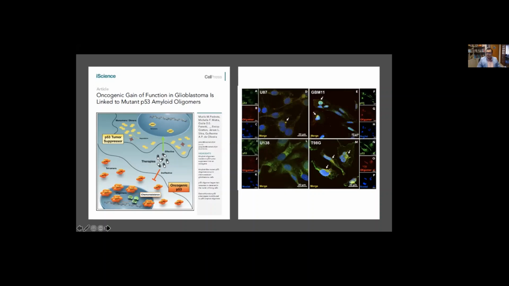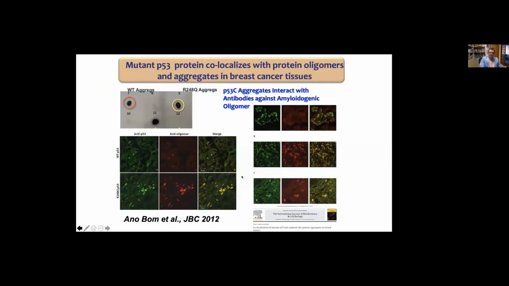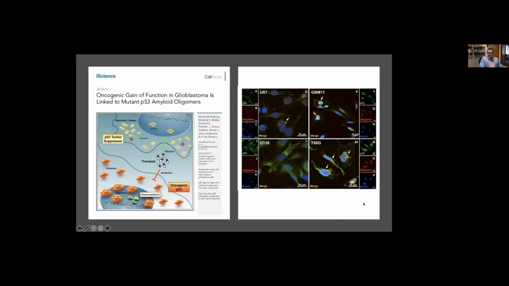And this is also clear in another kind of cancer, breast cancer, where we see this both in cells and also in biopsies of breast cancer. And the same we find, for example, both in biopsies and in tumoral cell lines from glioblastoma cells.